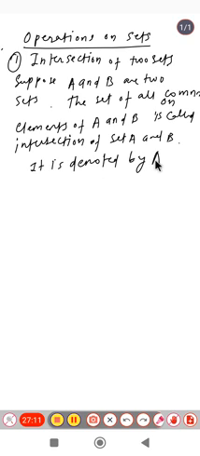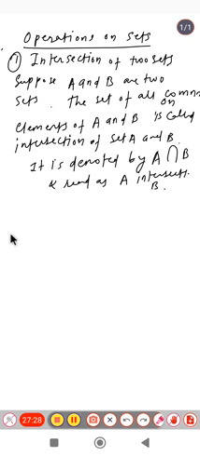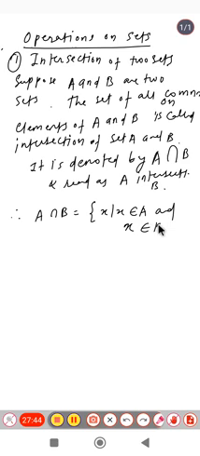It is denoted by A, with the symbol in the downward direction, and we read it as A intersection B. So we can say that x is an element of A as well as of B. Understand?